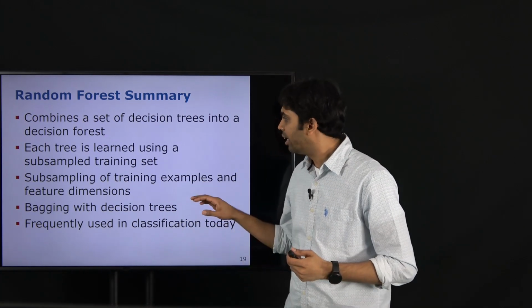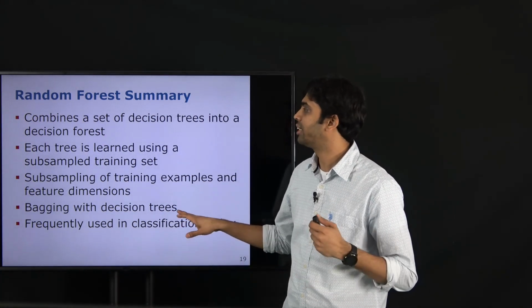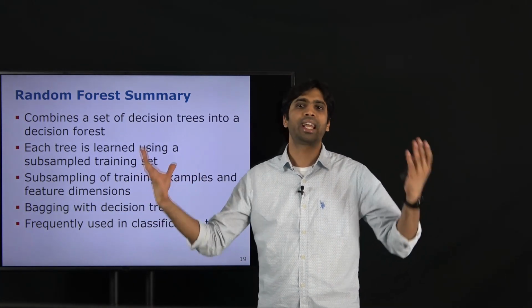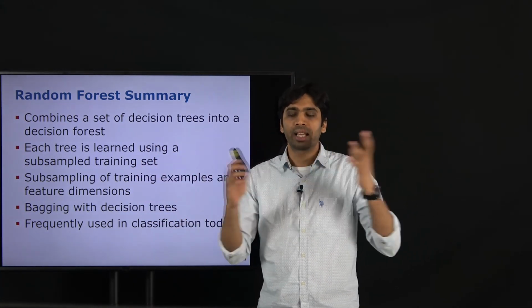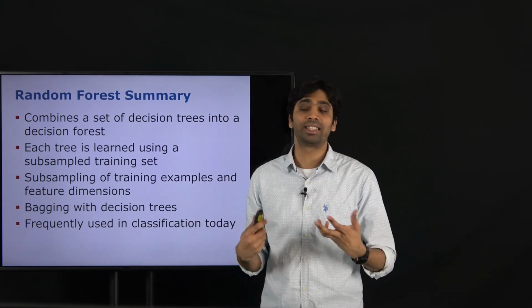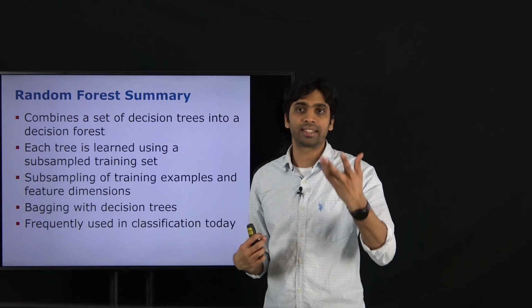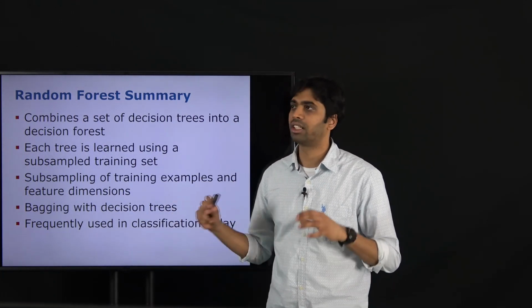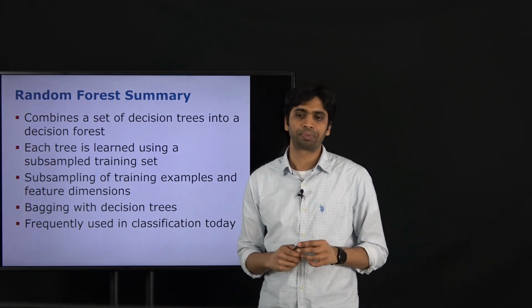In practice, it's been seen that it's quite easy to implement this, because essentially all you need is to take a bunch of decision trees and make a majority vote. So in terms of implementation, it's easy to extend to different classification systems that are out there, and not just decision trees in particular.